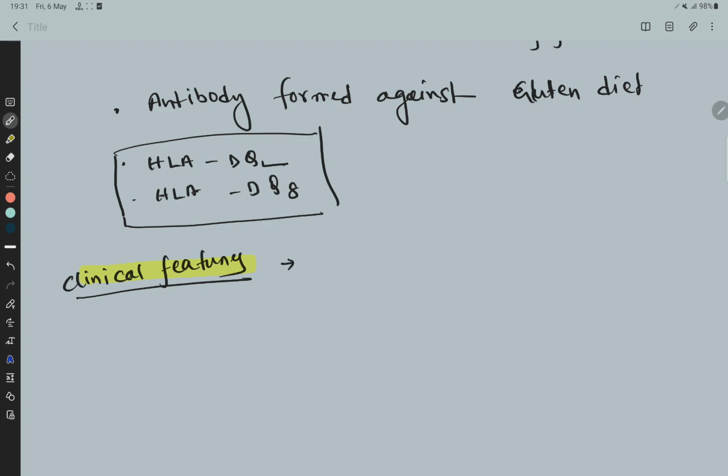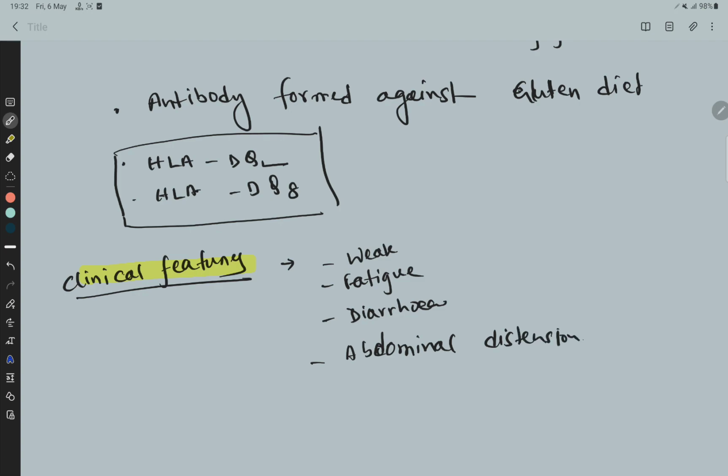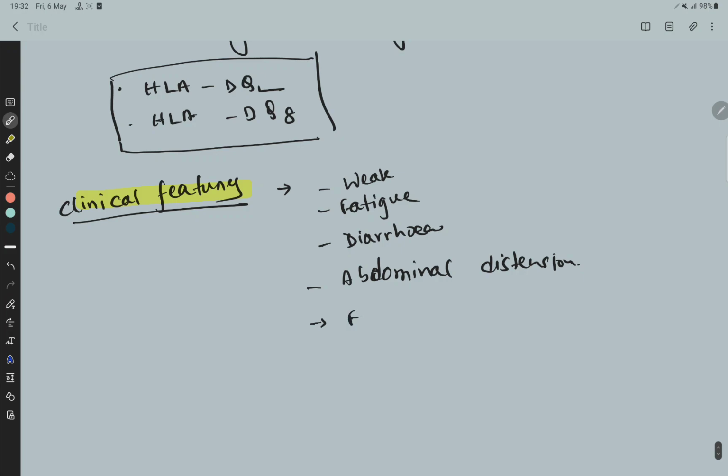The patient is weak, with fatigue, then the patient has diarrhea, abdominal distension, then foul smelling stool, and weight loss due to malabsorption.